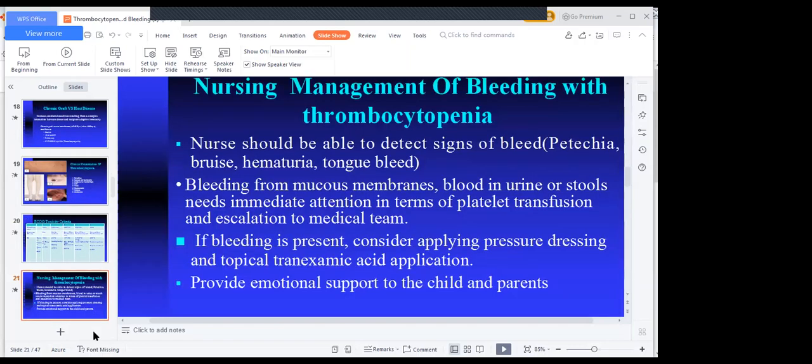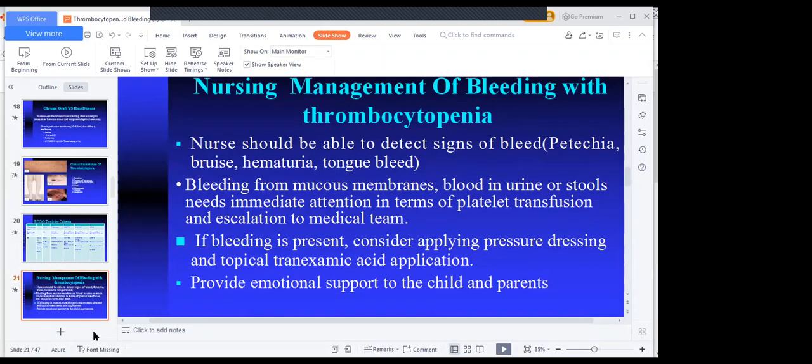Now we come to the nursing management of bleeding with thrombocytopenia. Nurses should be able to detect signs of bleeding: petechiae, bruise, hematuria, tongue bleed. As I mentioned in the last slide, nurses should be focused and able to detect these early signs of bleeding.